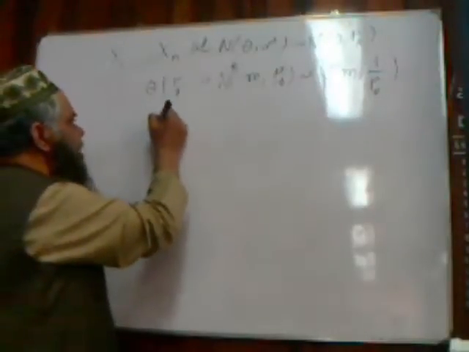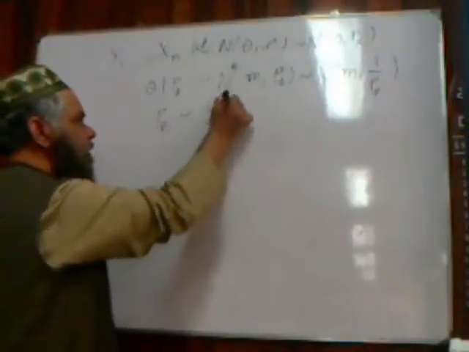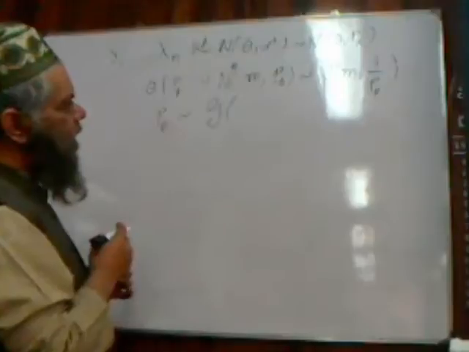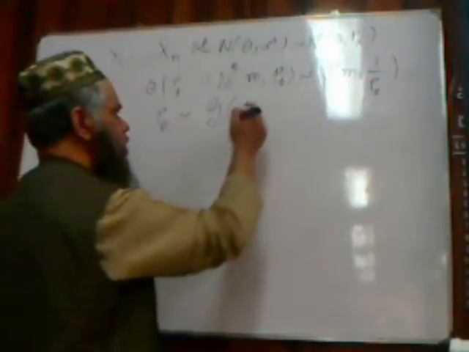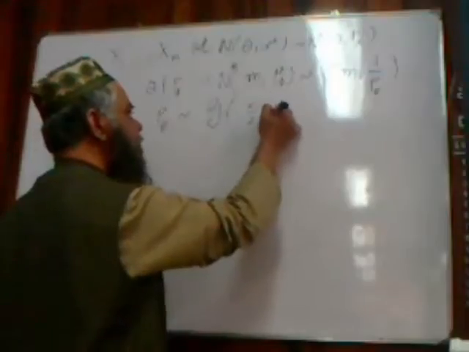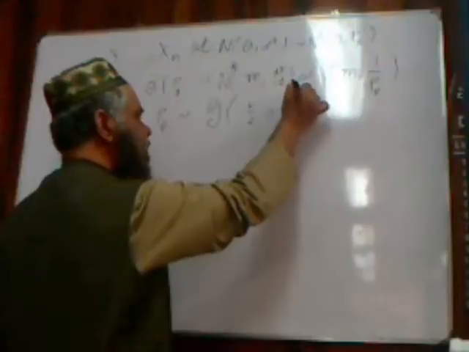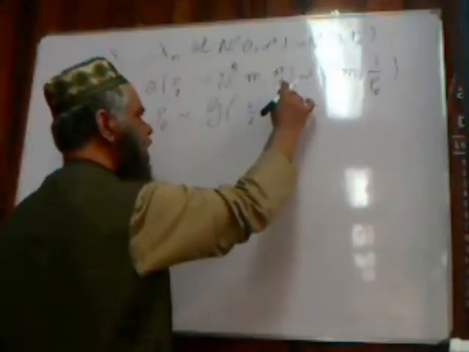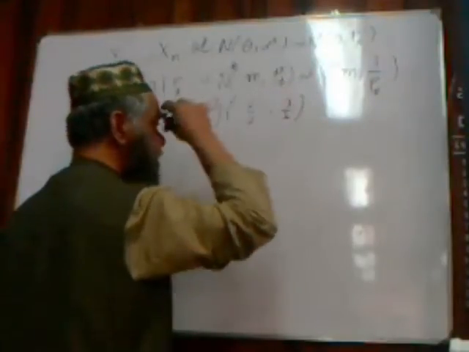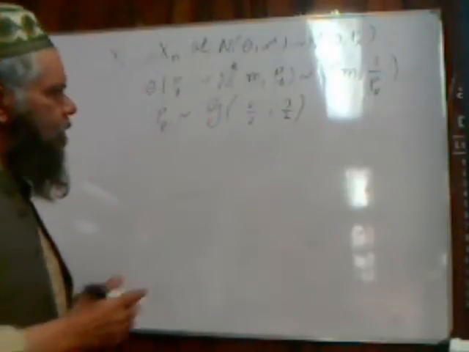So this is the prior density of theta, which is conditional on the prior precision, and then the prior precision itself has the density of gamma, and this gamma can have k over 2 and lambda over 2.